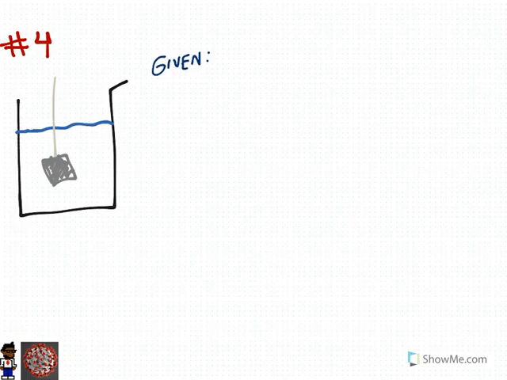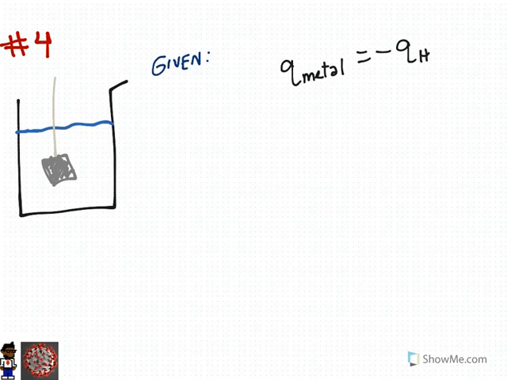So let's get started. Let's see what we know and what we don't know. So we know, or we should know, that the heat that the metal is losing is equal to the heat that the water is gaining. Remember, it doesn't matter what side the negative is on. I could have just as easily put the negative on this side.